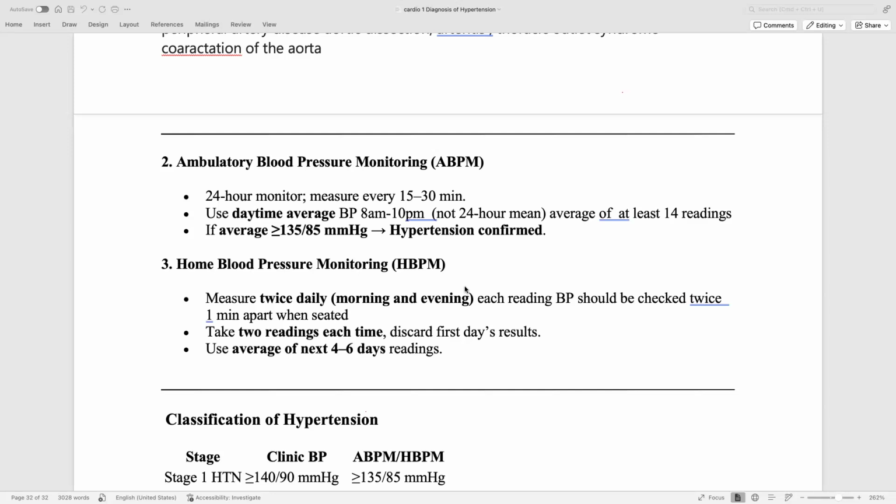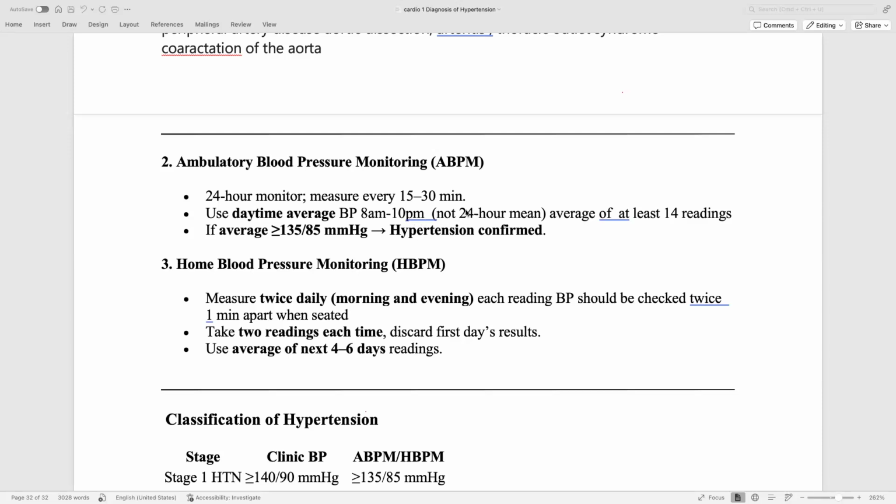Yes, it can help us to know whether this patient is having nocturnal hypertension or not. But we will take from 8 a.m. to 10 p.m., from when he wakes up in the morning and has his tea until before he sleeps again.